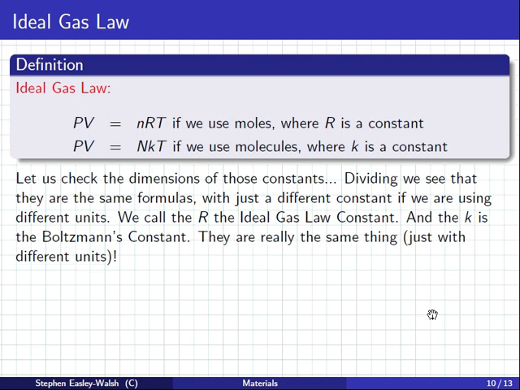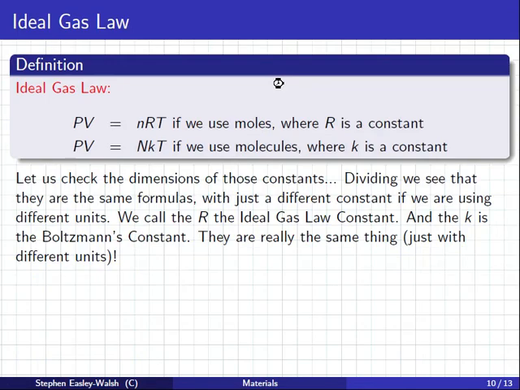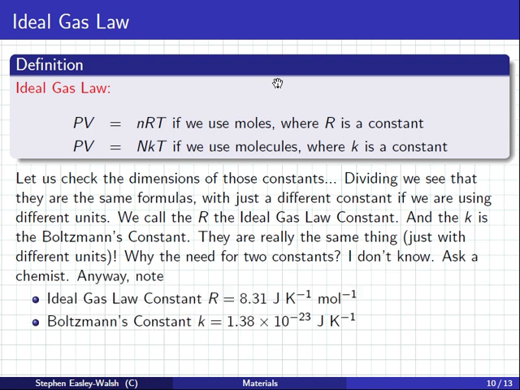Now, what I find interesting is they're really the same thing, just with different units. The difference is R over NA is k. So there's hardly any difference. Why the need for two constants? I don't know. Anyways, here are the values of the two constants. I find it very peculiar that there are two different formulas with two different constants, even though they're the same thing.